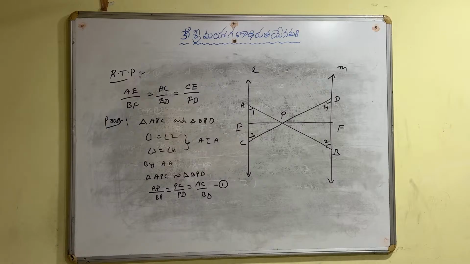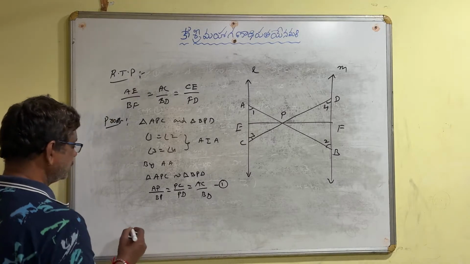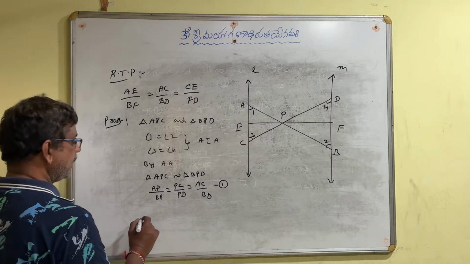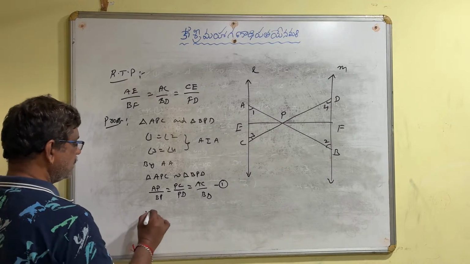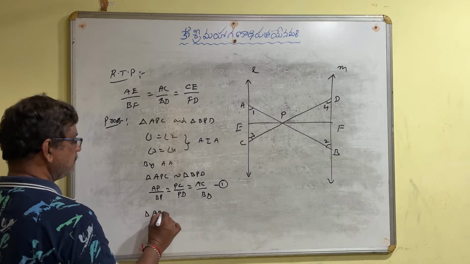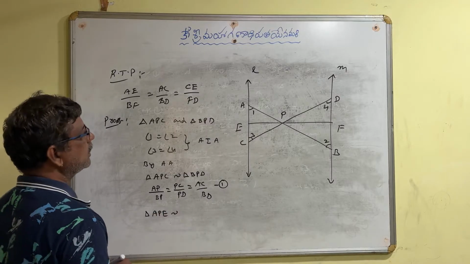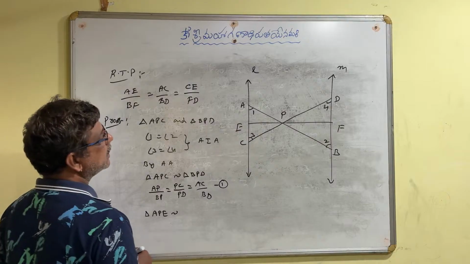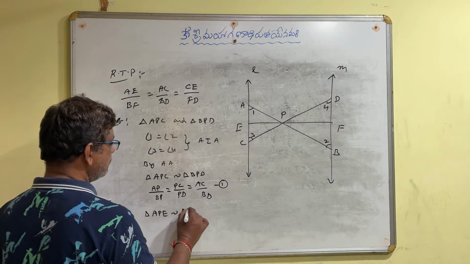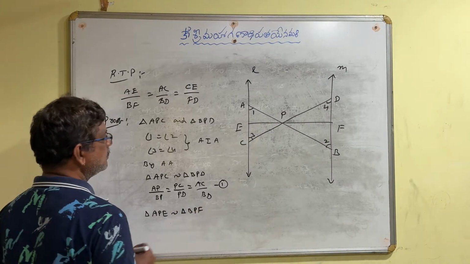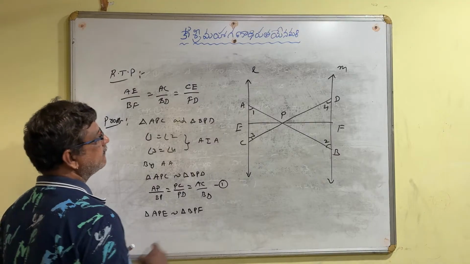Now second pair, triangle APE similar to triangle BPF. Why?